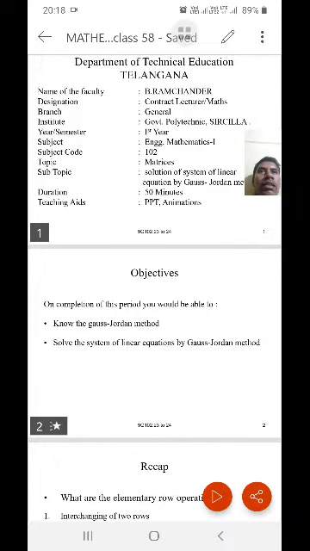The two methods are one is inversion method and another one is Cramer's rule. So in this matrix, another method is there, that is Gauss-Jordan method for solving the linear equations. So let us see.